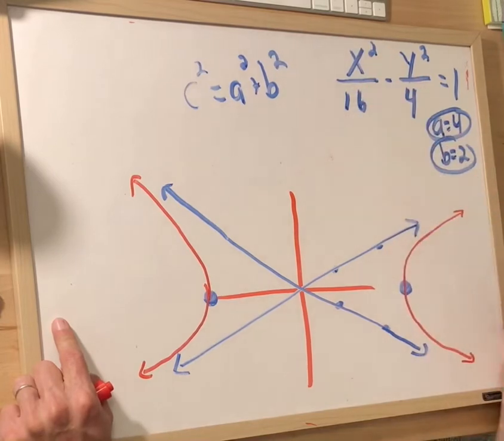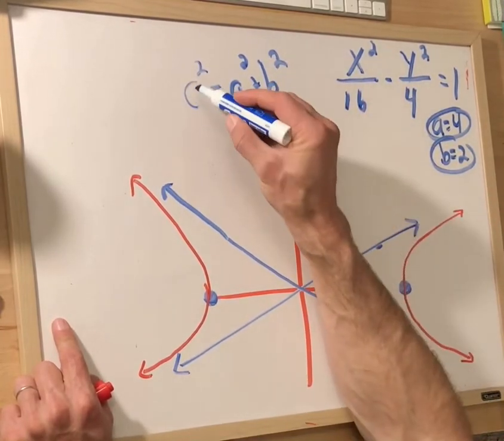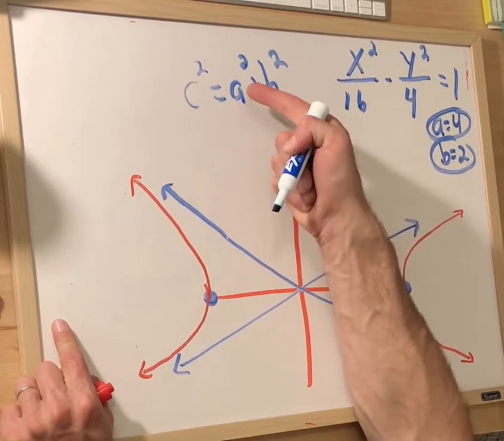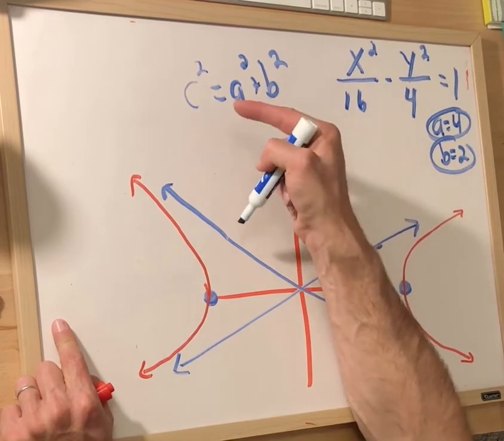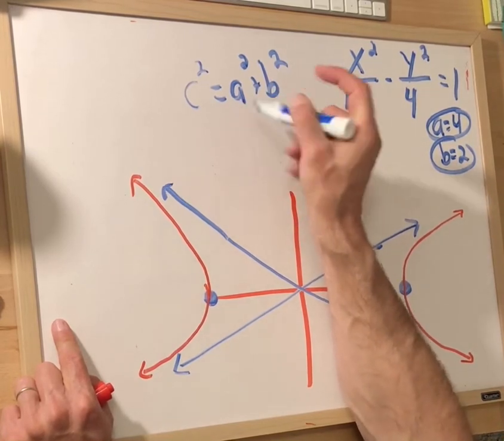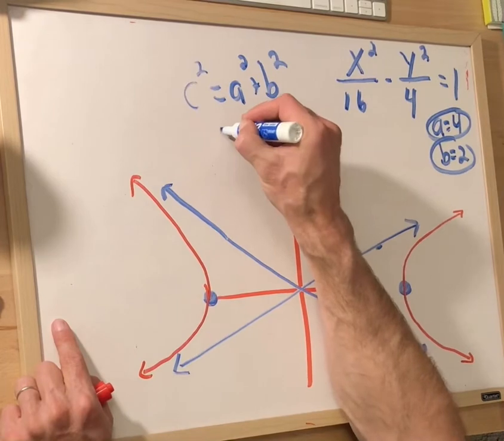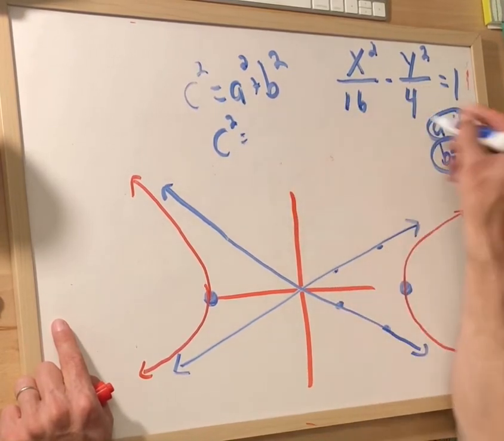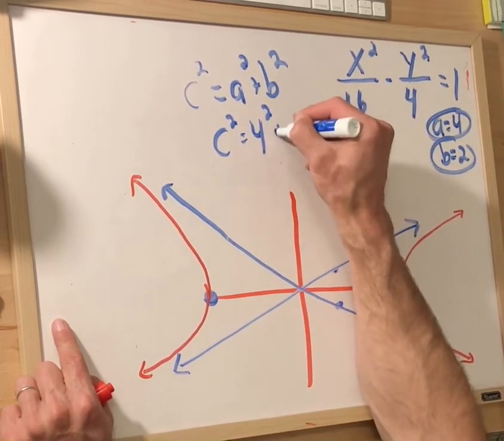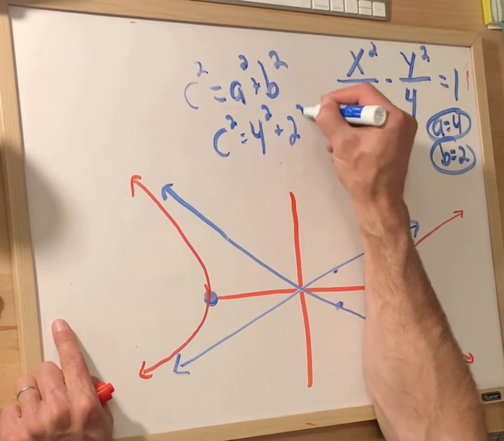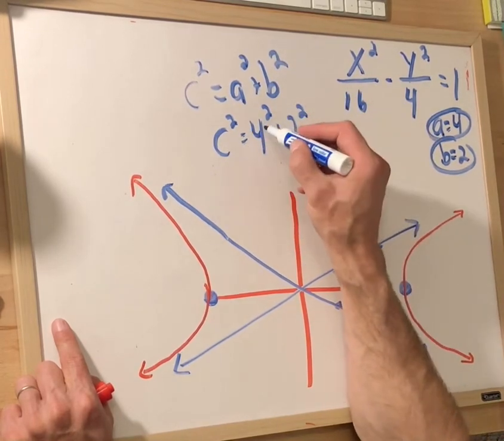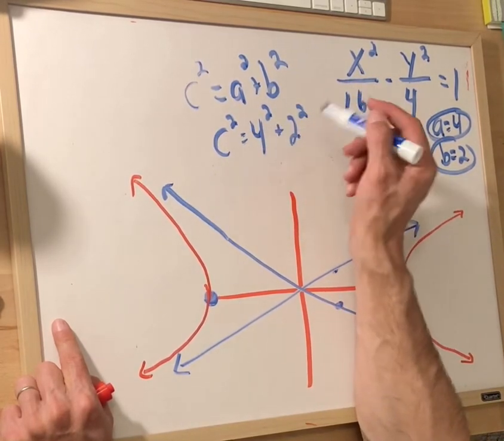Okay, so I gotta find my c, multiply it by 2, and those are the coordinates for my foci. I'll show you in a second. First, I'm gonna plug this in. C squared equals a squared plus b squared. C squared equals 16 plus 4 is 20.